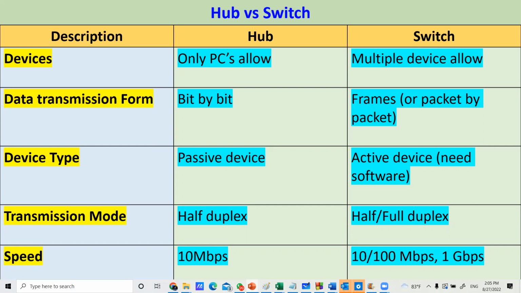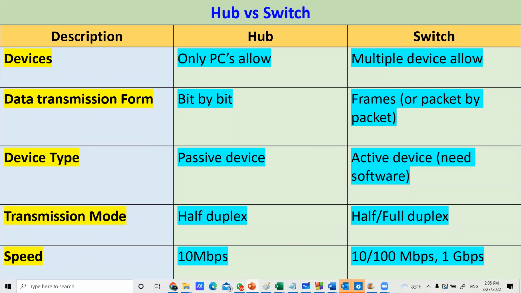When looking at devices, in the hub, only PCs are allowed. PC stands for personal computer. If you are using a hub as a network device, only the personal computers can connect through the hub.